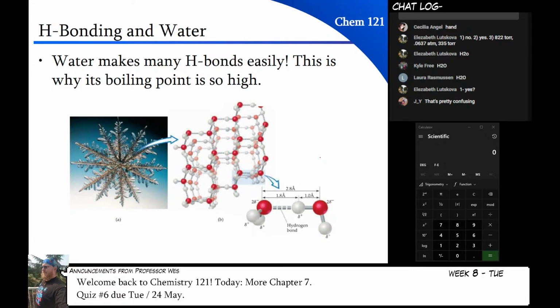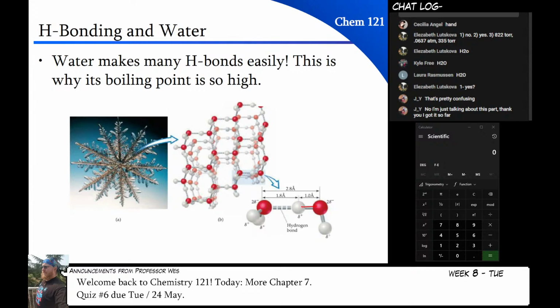Shown here is a diagram of ice where water has crystallized into a particular arrangement. And you can see here that the arrangement of water is shown where here's my bond. Let's pick another color. There we go. So here's my bond. So H is bonded to an oxygen.